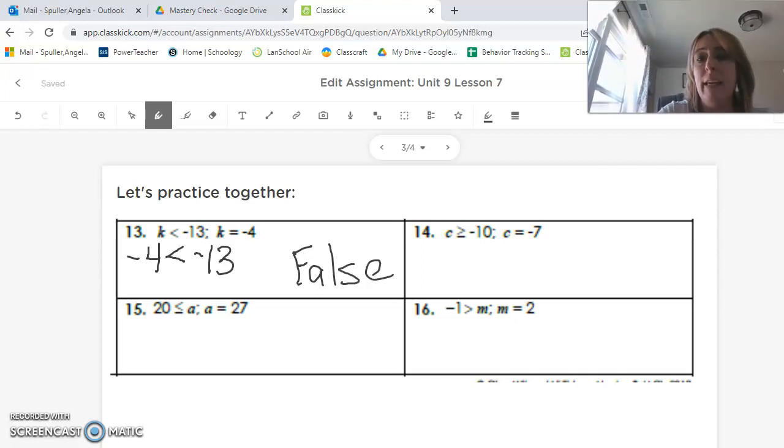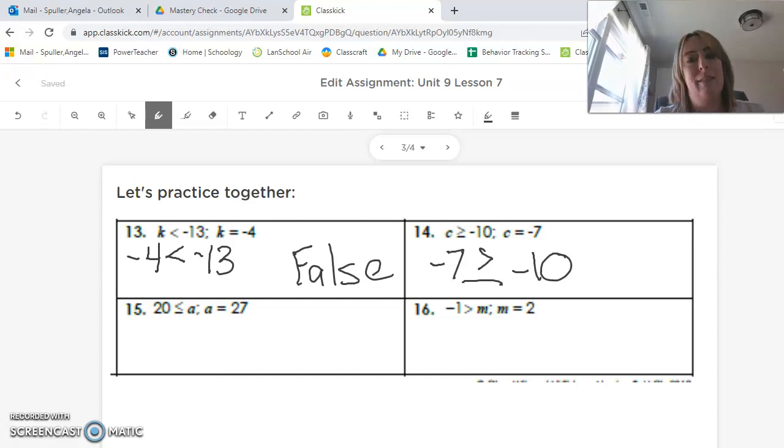All right, C is greater than or equal to negative 10. If C is negative 7, is negative 7 greater than or equal to negative 10? Well, it's not equal to, but it is greater because I don't have to give as much. So this is true.